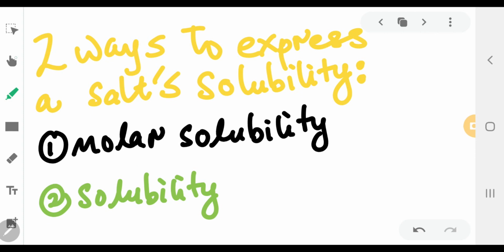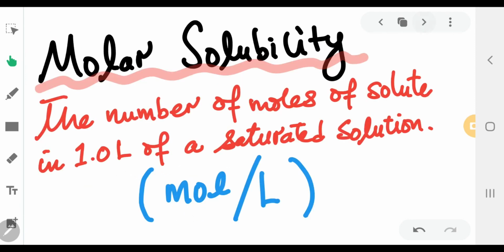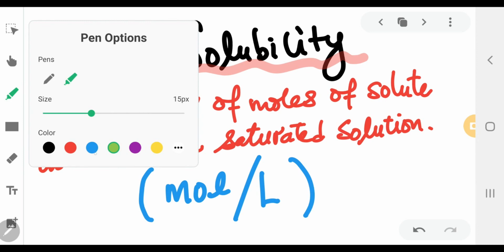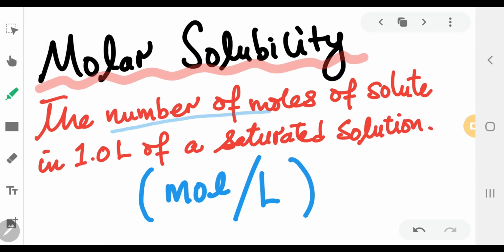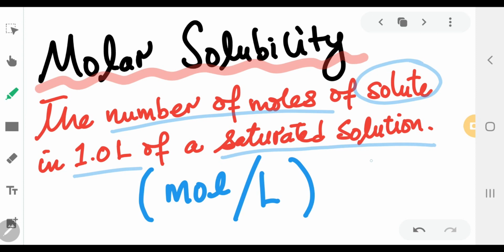Now, there are 2 ways to express a salt's solubility. Number 1, through molar solubility. Number 2, through solubility. Molar solubility is defined as the number of moles of the solute in 1 liter of the saturated solution. Therefore, the units will be written like this: mole per liter.